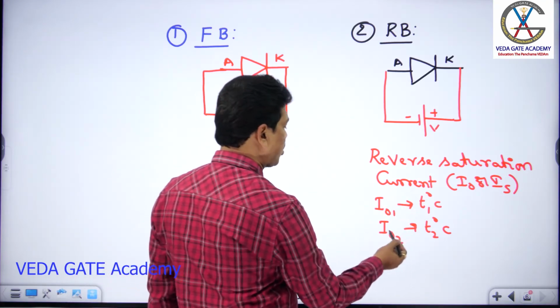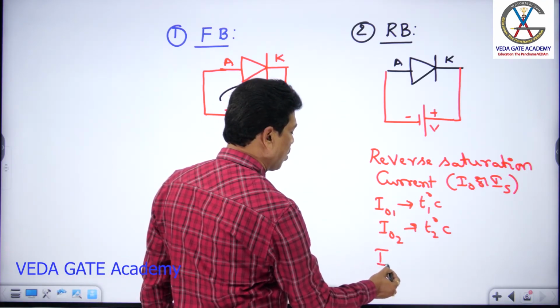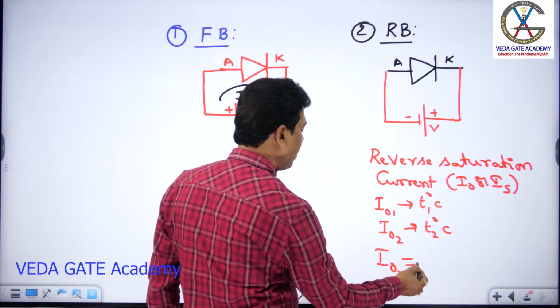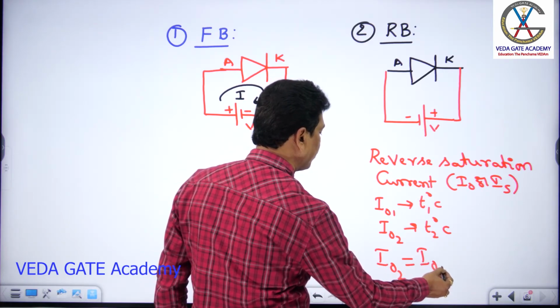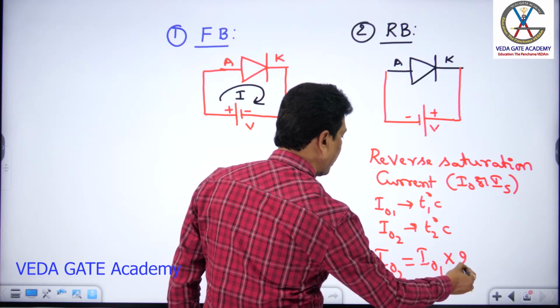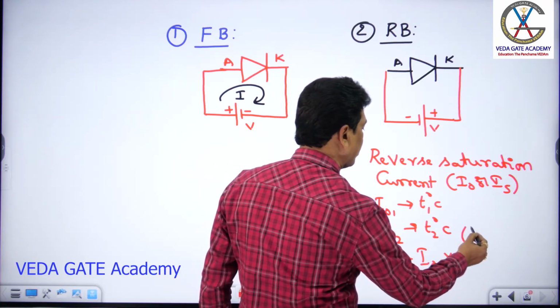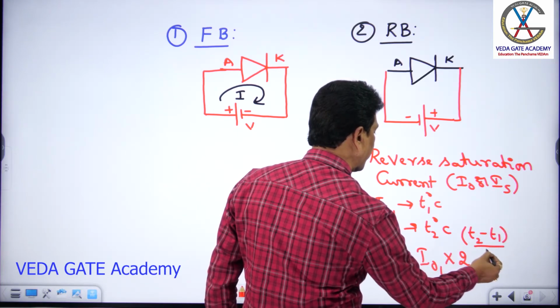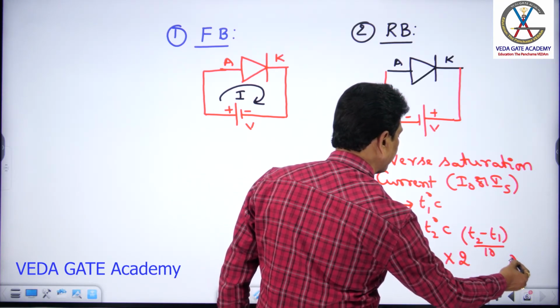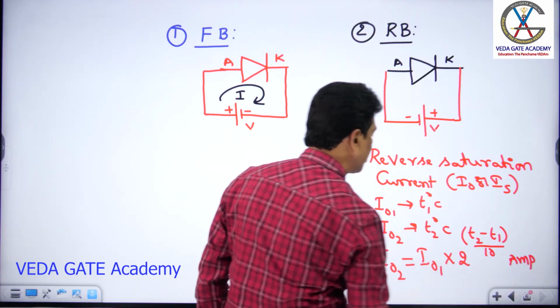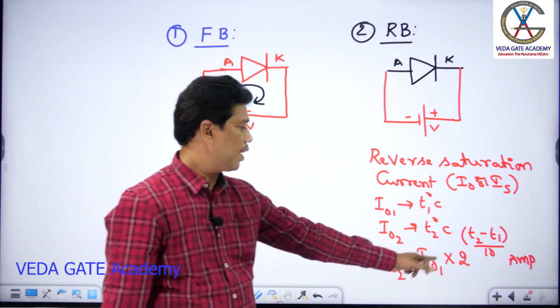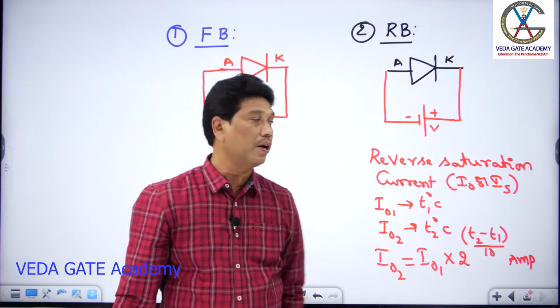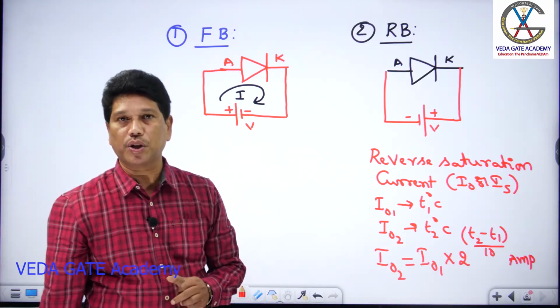Then the relation is I02 equals I01 times 2 to the power (T2 minus T1) by 10 ampere. So the minority current doubles for every 10 degree centigrade increase in temperature.